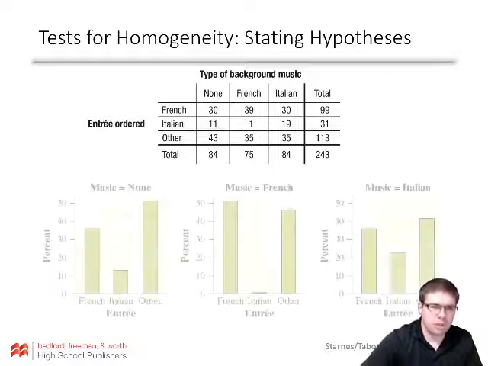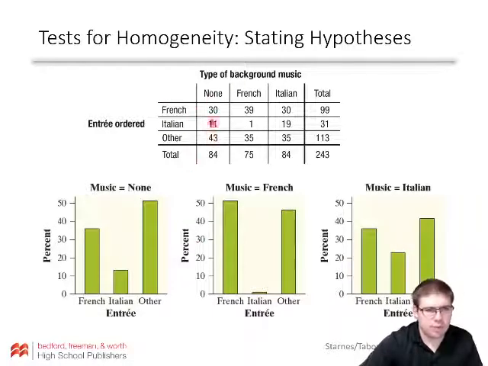So we can observe, here our observed values are percents. When no music was being played, we've got 30 something percent. So 30 out of 84, whatever that is, it's some 30 something percent.